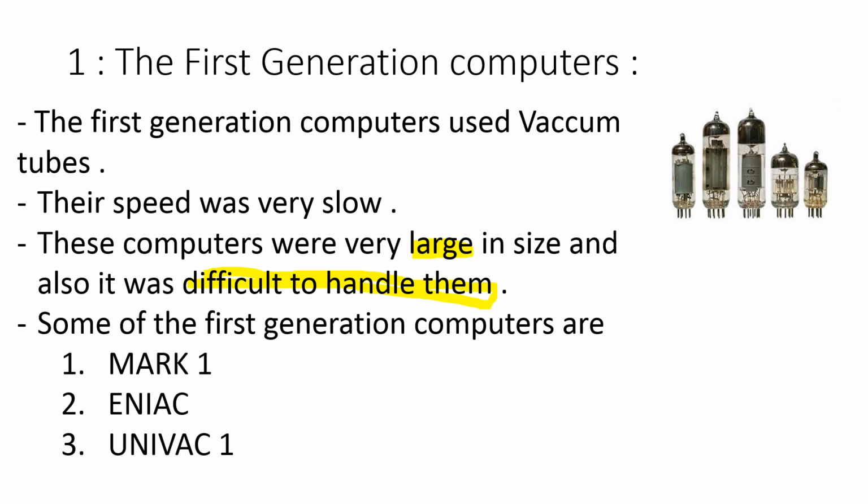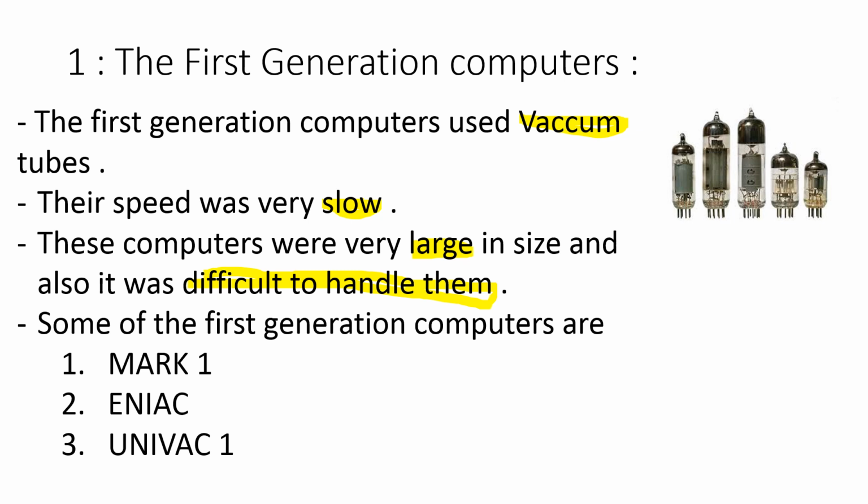That's why their speed was very slow. The only thing we have to remember here is that the first generation computers used vacuum tubes, and their speed was very slow. Since they were large, they occupied much space, and it was very difficult to handle and maintain them.